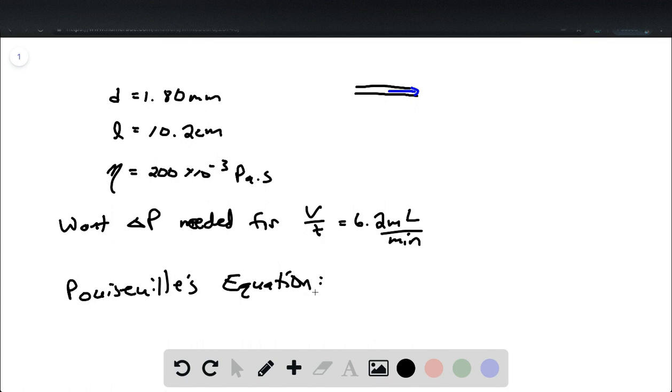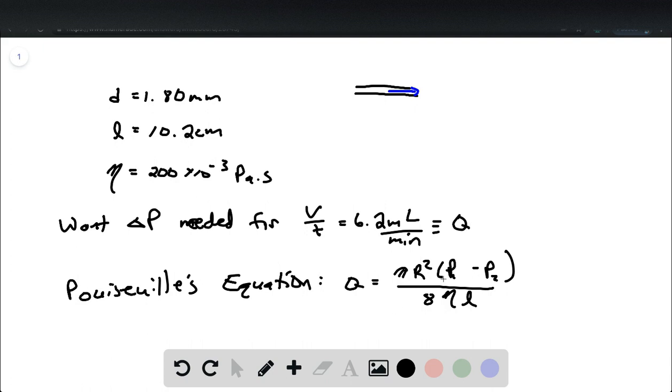It comes from experiments, and I'll just write it down here: P1 minus P2. This P1 minus P2 is the pressure difference that we want to find. And the Q in this equation, which I've written from the textbook, is the volume flow rate.